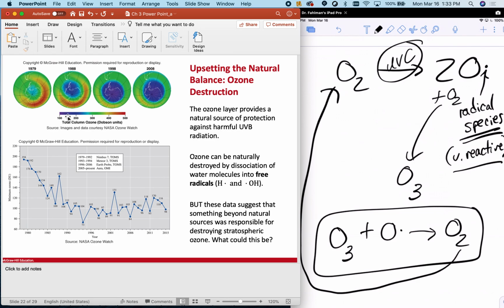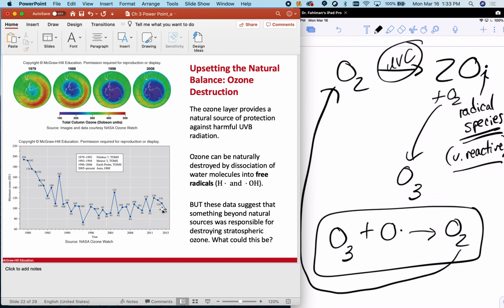And so purple here is a bad color again, so it's showing low concentrations. This is what the trend was: from 79 to about a decade later, there was this hole, and it was getting even worse. You can see that with actual data here, with all these different stations reporting.